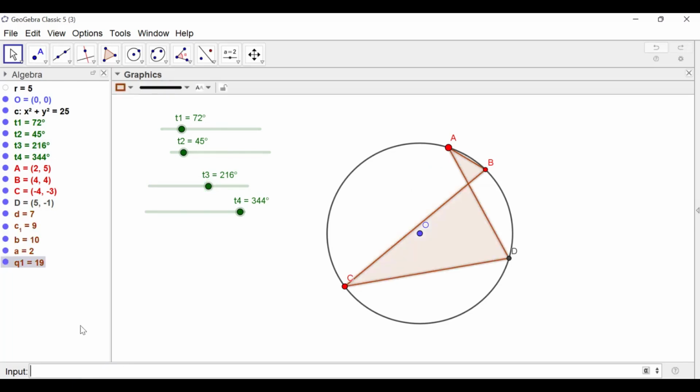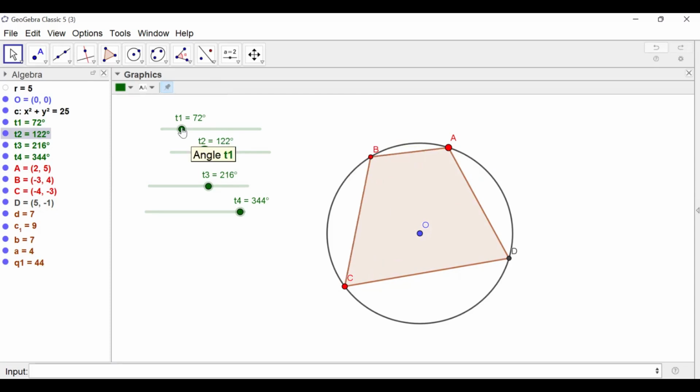So we are going to adjust our quadrilateral. Okay, good, guys. You can see the cyclic quadrilateral.